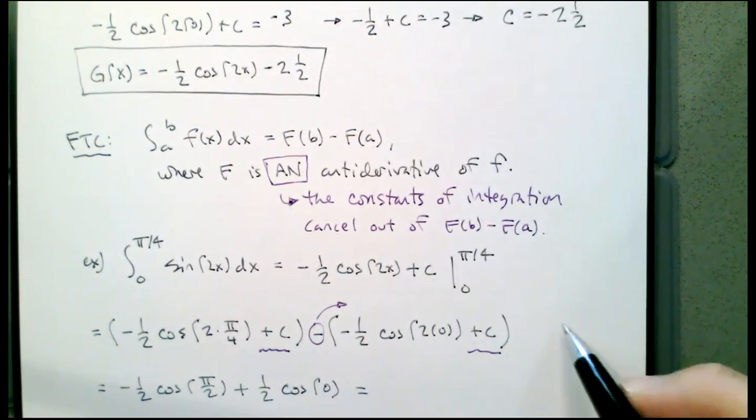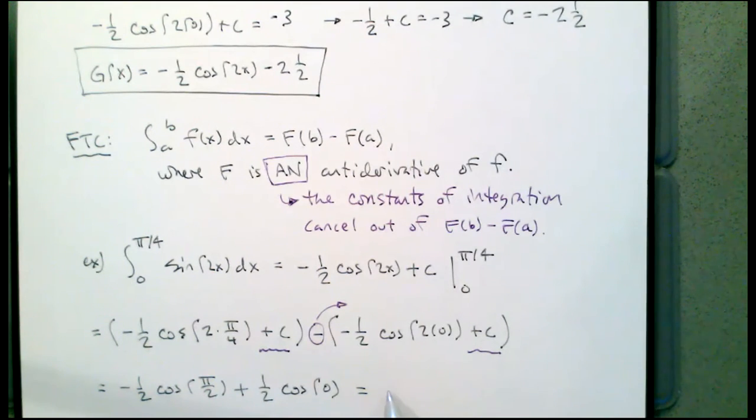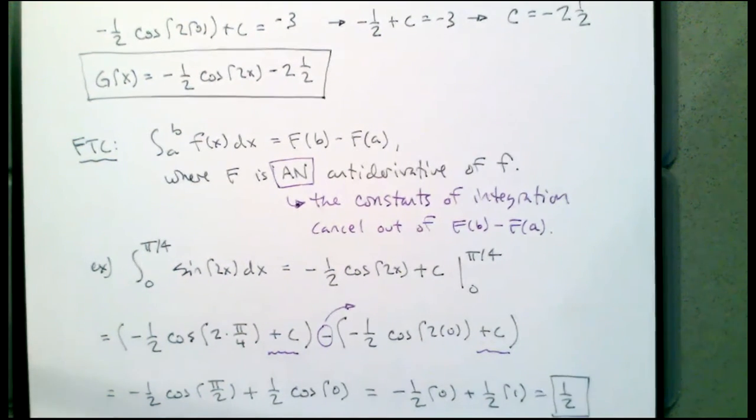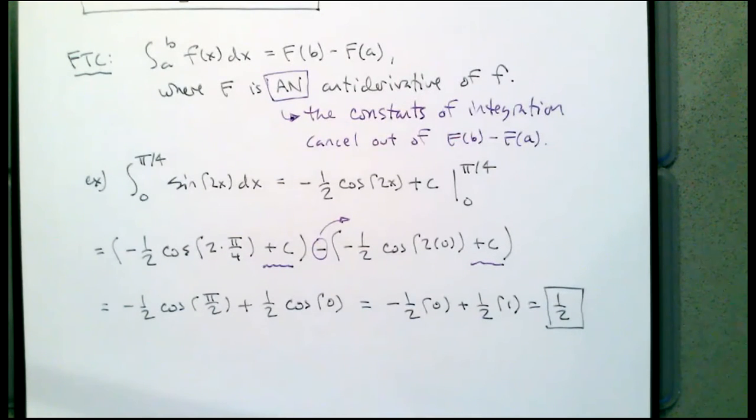Cosine of pi over 2 is 0, and cosine of 0 is 1. Any questions?